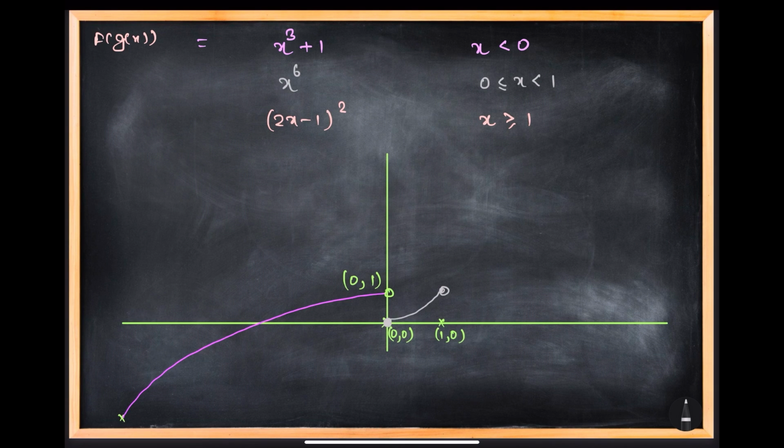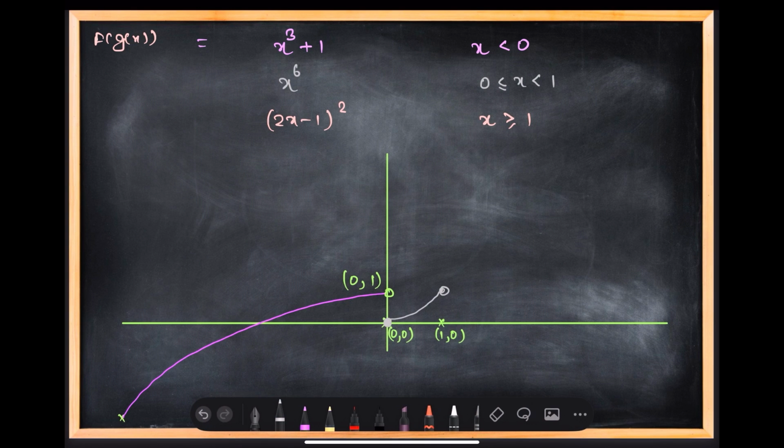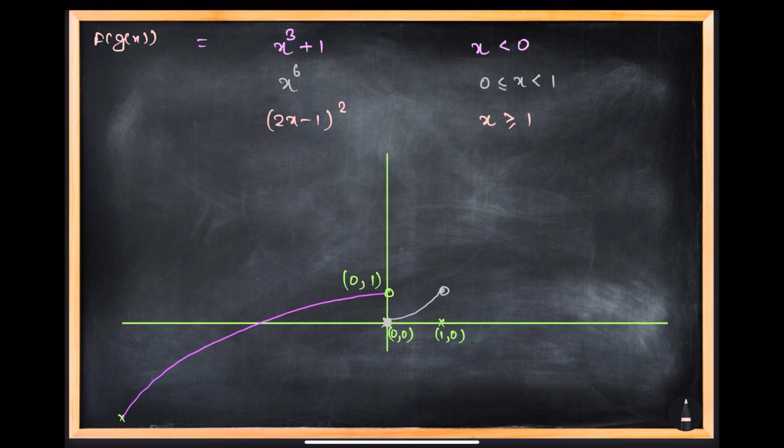Okay, now we have to draw the graph of this function. This is also an upward opening parabola, and if you think about its vertex, the vertex we will get at 1 by 2, but we are observing after 1 by 2, that is 1. So after 1 by 2 it will be an increasing function because the graph is an upward opening parabola.